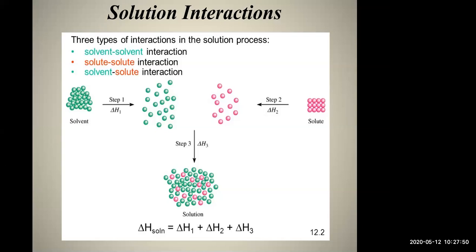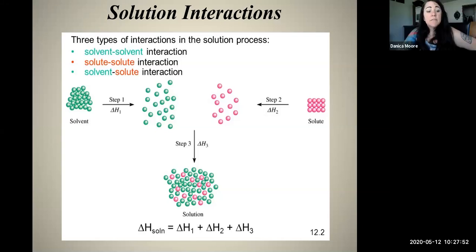I think it cut out a little bit. It is endothermic. So we're talking about solvent-solvent interactions here, right? So little green guys are our solvent molecules, and we have to break them apart in this first step, right? So that's an endothermic step. Anytime we're breaking stuff, endothermic. Does that make sense?